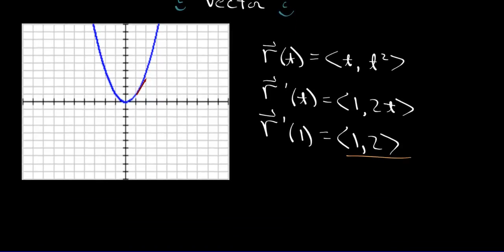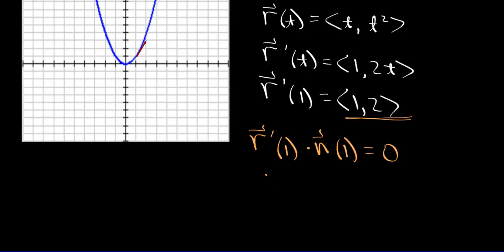And remember, when I say normal, I'm saying when we take the dot product of that vector with some other vector, I want the result to be 0. So what can I dot this vector 1, 2 with to get 0? And I want it to be perpendicular to this vector, inside the concavity. What do you think?